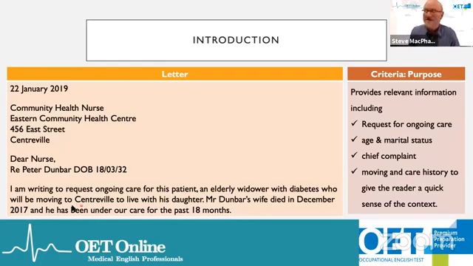He's moving to Centreville to live with his daughter. We've mentioned his wife died in December 2017, and he's been under our care for 18 months. So everyone, it's really useful to do that, to really put the context of the situation clearly. So it's very important for you all to do that.